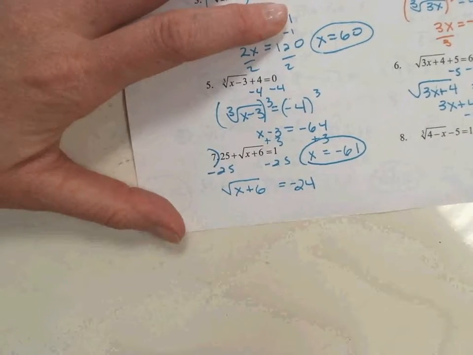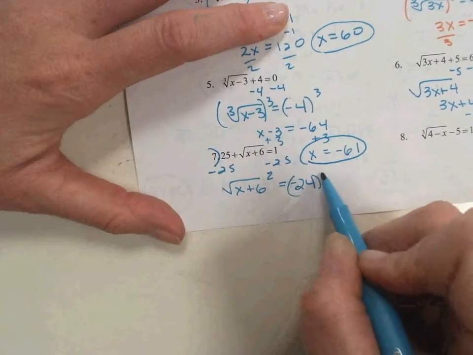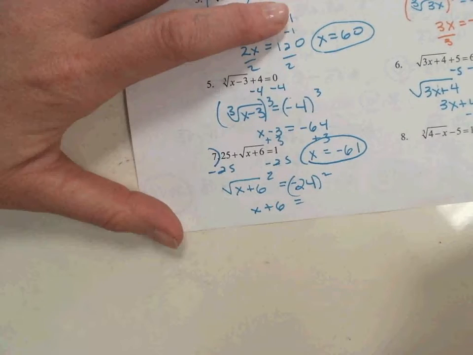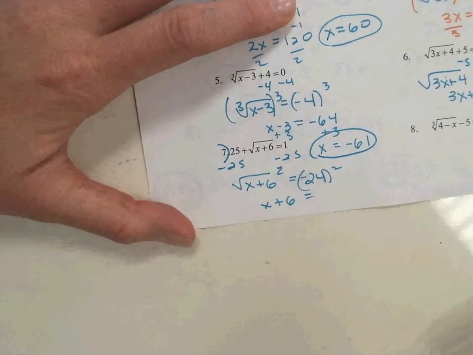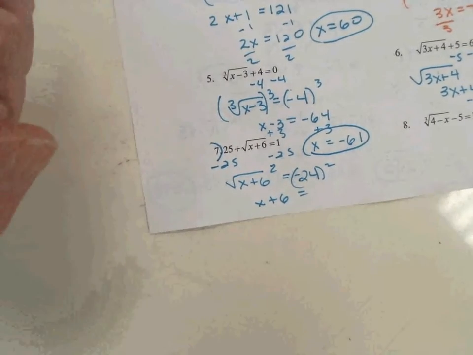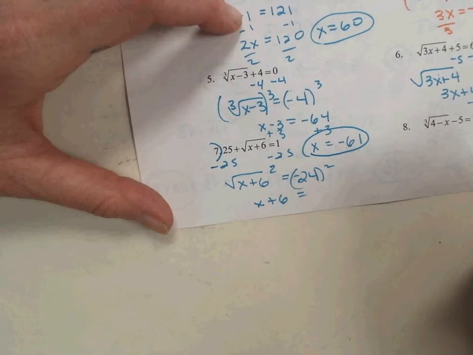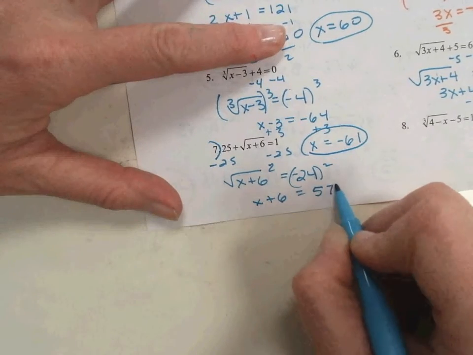So, we get square root of x plus 6 is negative 24, square both sides. X plus 6 then equals, what's negative 24 squared? Being careful that you include the parentheses. 576.